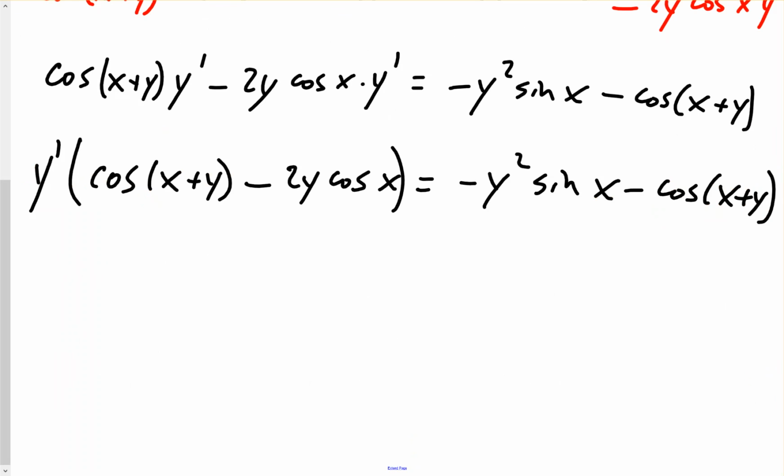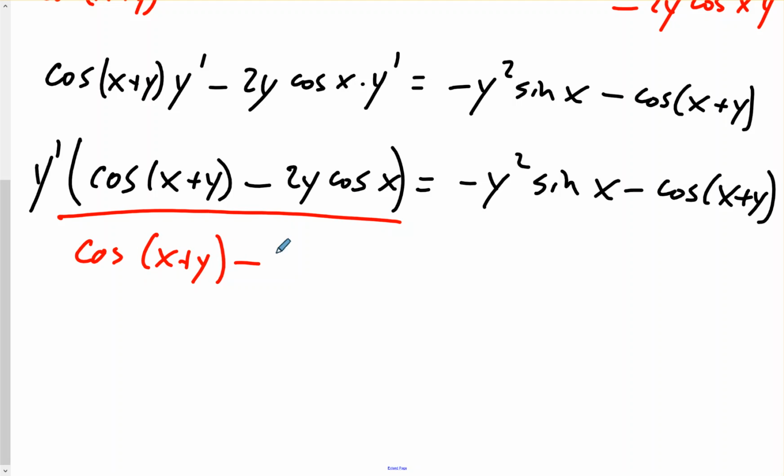Okay, and then last step, we can divide both sides by cosine of x plus y minus 2y cosine of x.